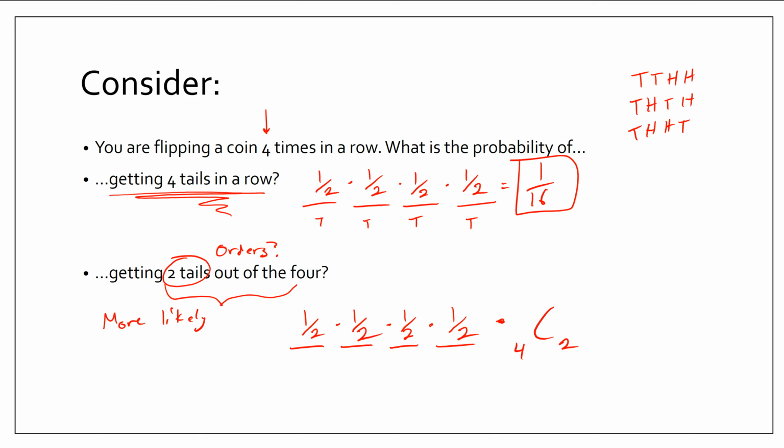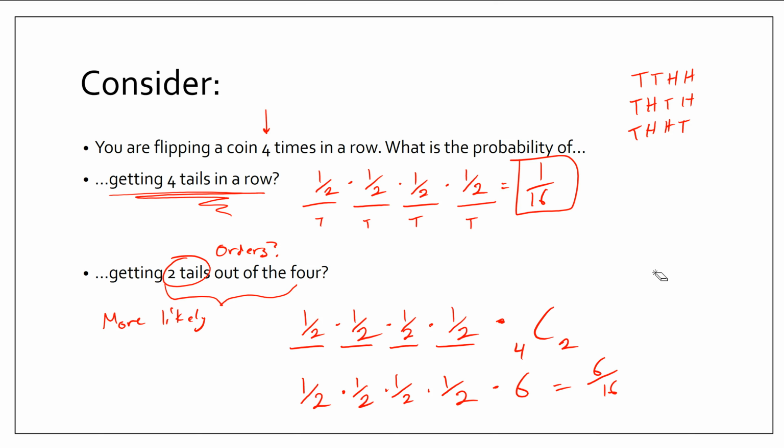I think it happens to be 6. So the problem actually is going to work out being 1/2 times 1/2 times 1/2 times 1/2 times 6. And that equals 6 out of 16.